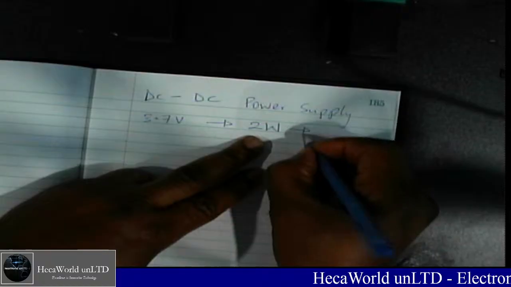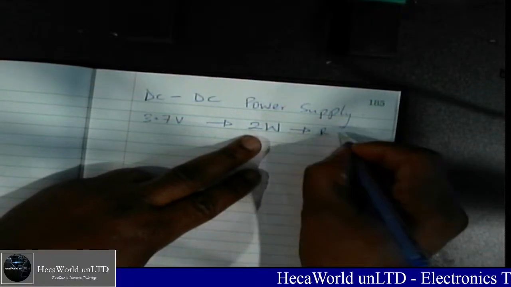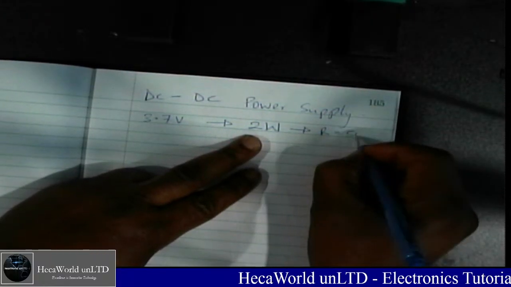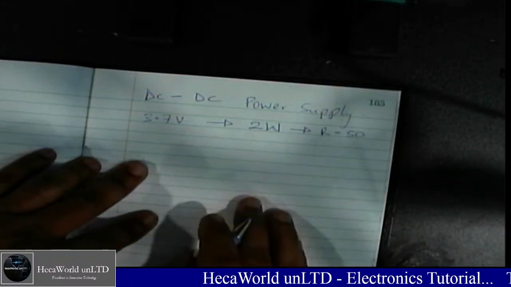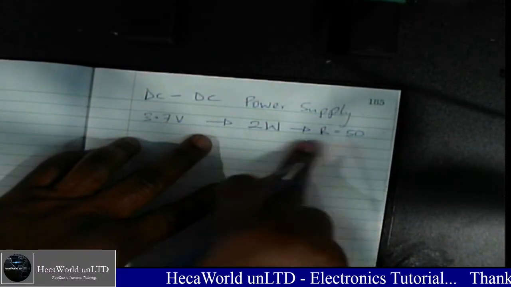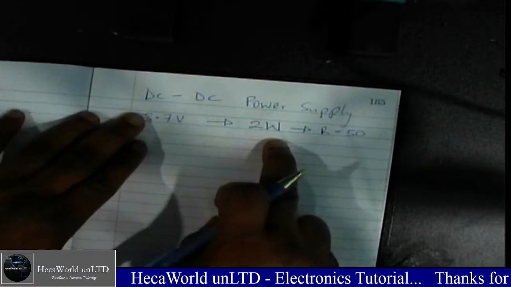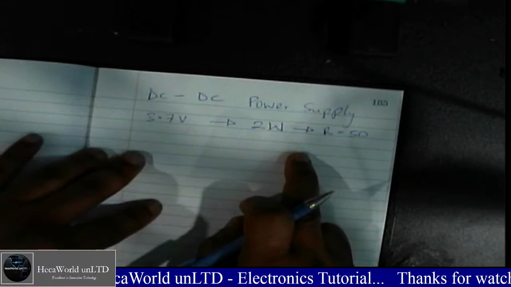And the antenna resistance is about 50 ohms. How do you generate this amount of power from 3.7 volts?